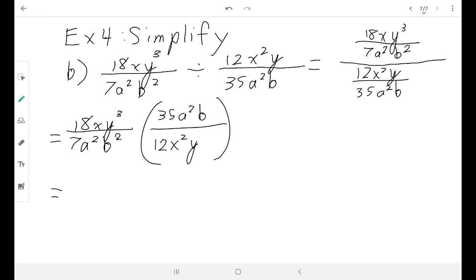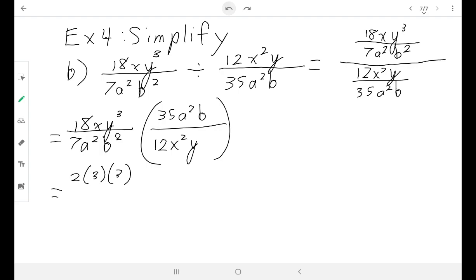18 could be written as 9 times 2, could be written as 3 times 6, but could be written as 2 times 3 times 3, and that's how I'm going to write it so I can really look at everything.